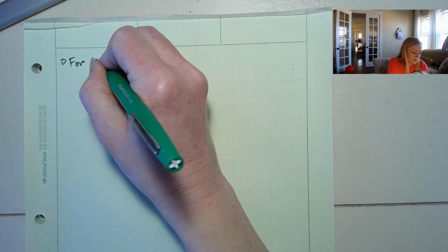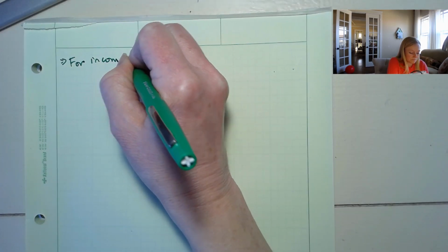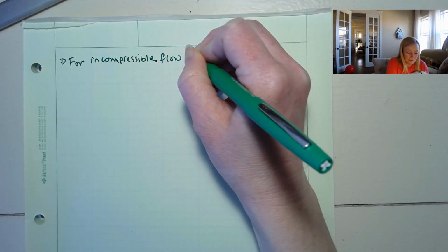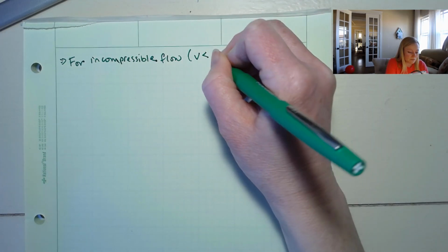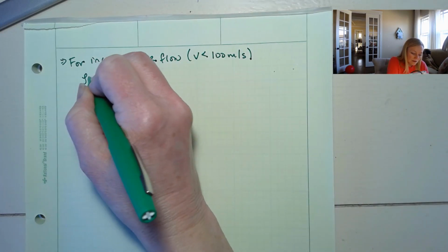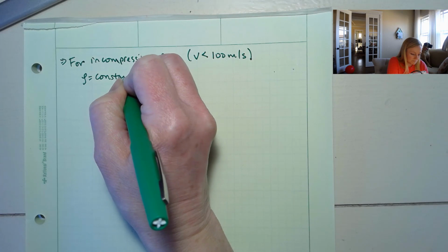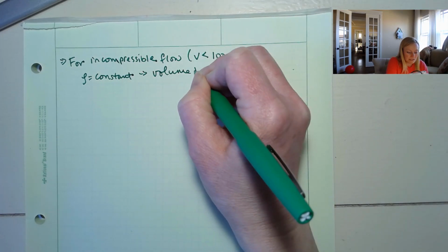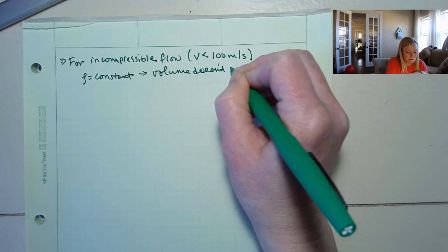All right, so for incompressible flow, remember in that case we said our speed was going to be less than 100 meters per second, and rho was a constant. So that means volume doesn't change in that case.